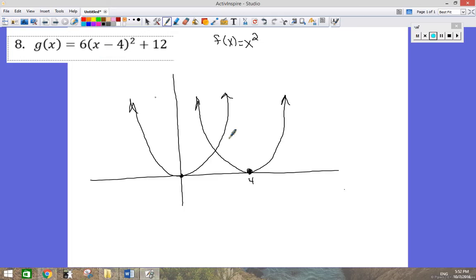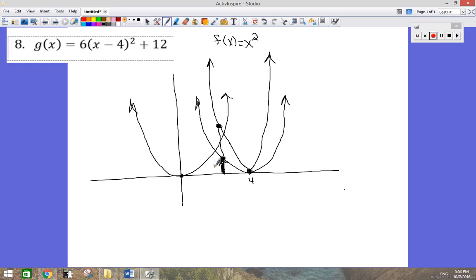I know the 6 is a vertical stretch, so the height above the x-axis is going to be stretched, so the graph is going to open more narrow. This is going to open upward, and it's going to be more narrow than it was because the y-coordinate of this point is now being vertically stretched, where it's now 6 times the distance that it was before.